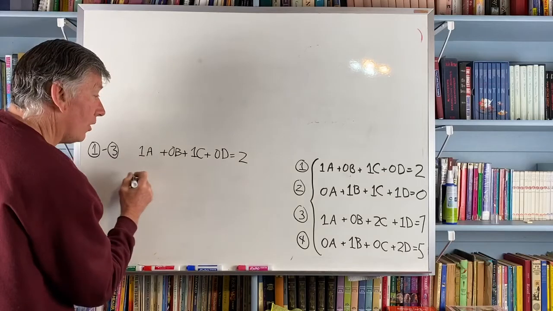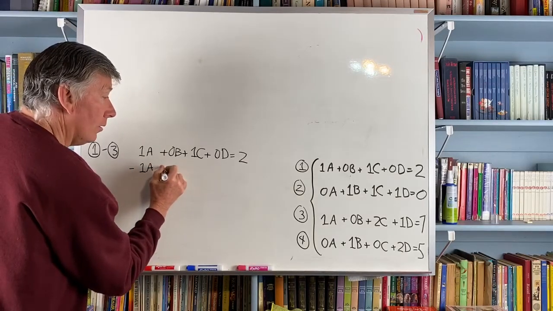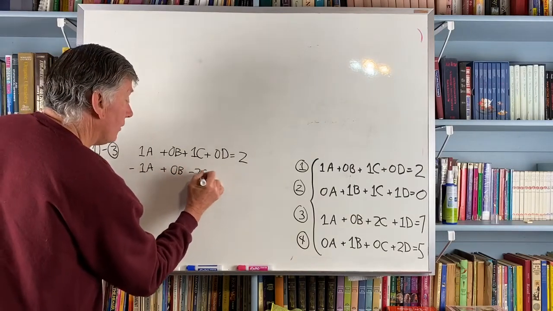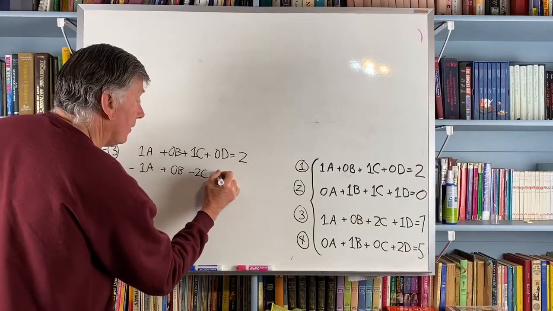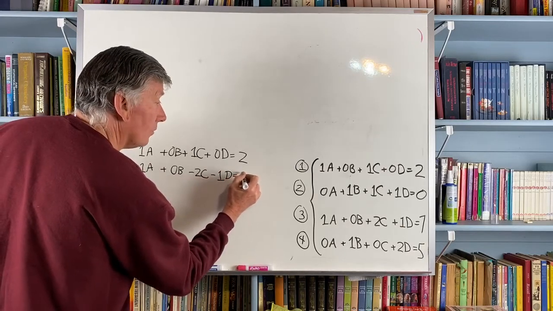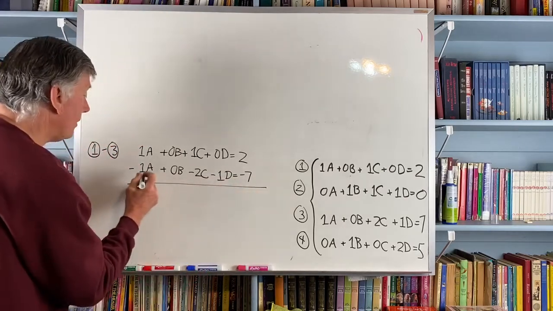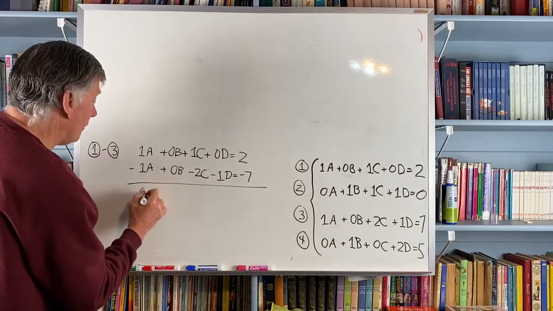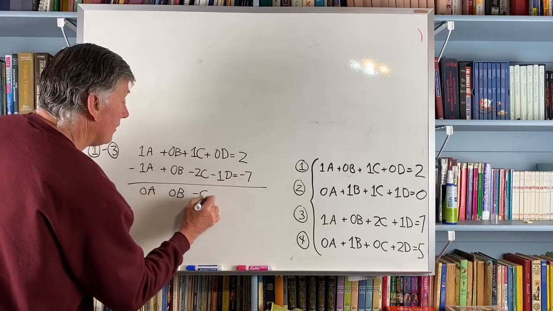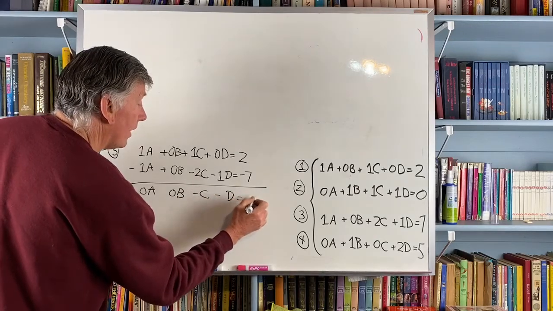Then I'm going to subtract 1a plus 0b plus 2c plus 1d, which is 7. I'm going to add those all up, and I get 0a, 0b, minus c, minus d is equal to minus 5.